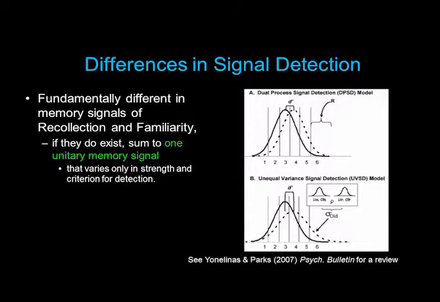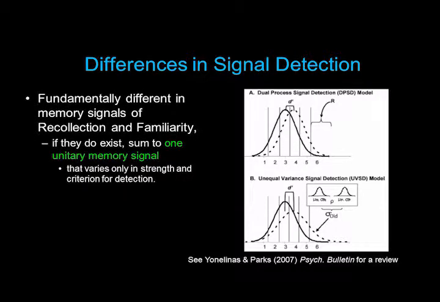Because remember, we've talked about this idea that you either have one process in memory, whereby you have the ability to discriminate, or d-prime, based on old and new distributions of information, but it's ultimately one memory process.